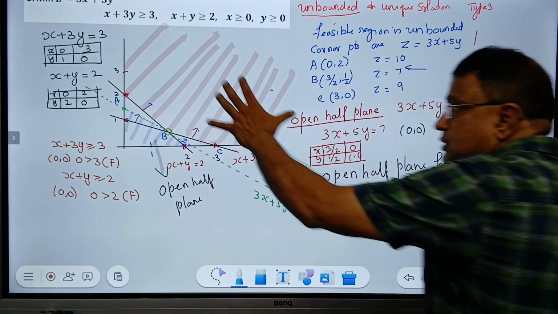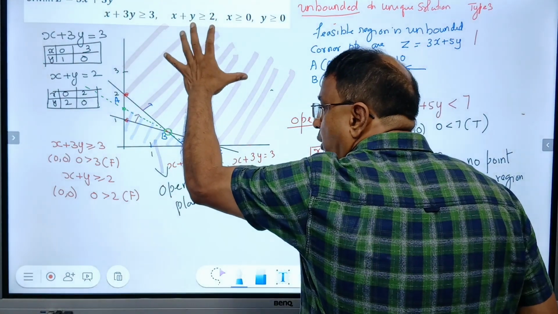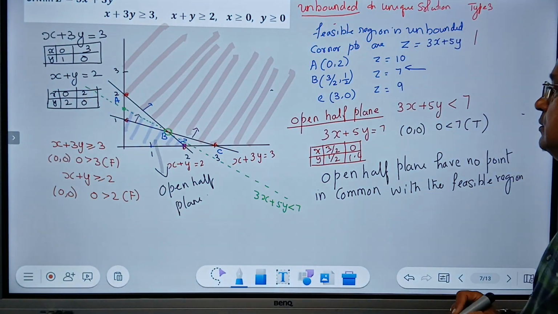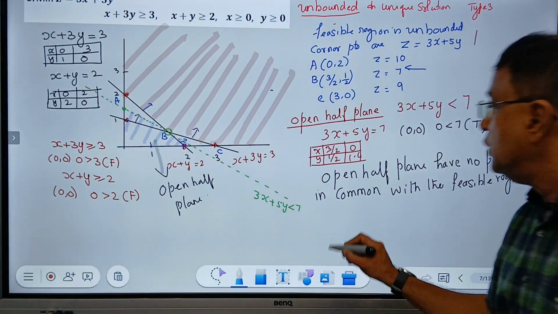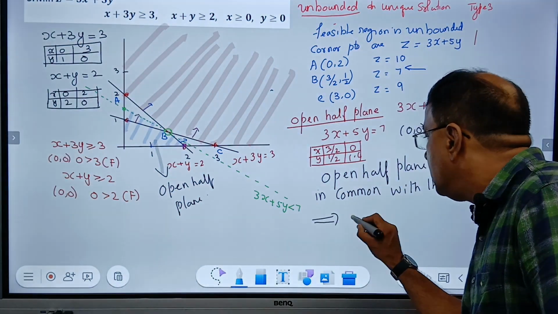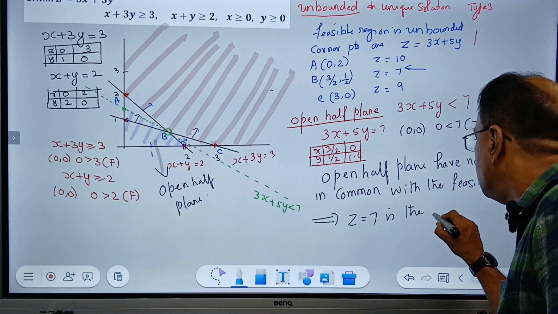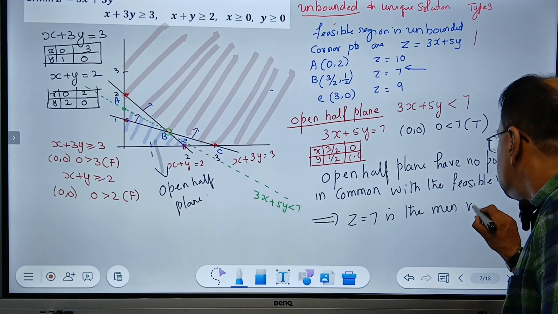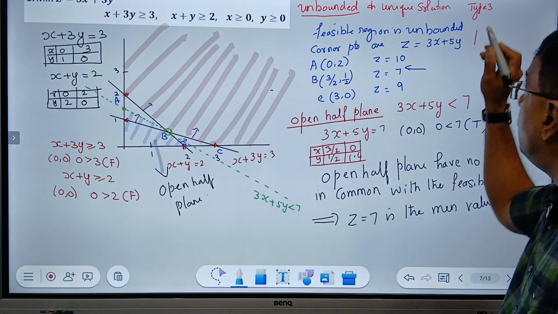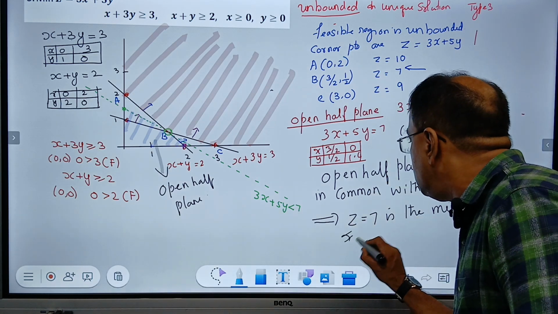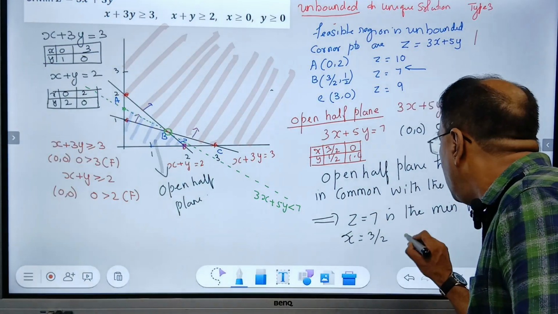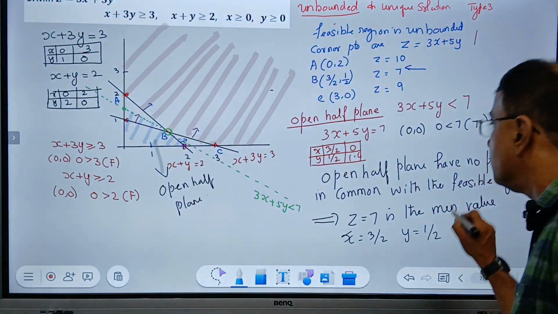The feasible region is this brown region. If that is the case, we can straight away say z equal to 7 is the minimum value, when x is equal to 3 by 2 and y equal to 1 by 2.